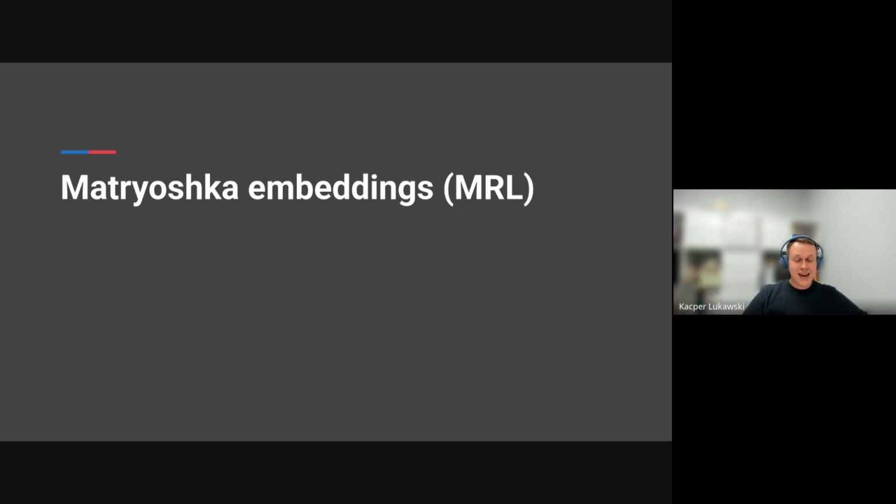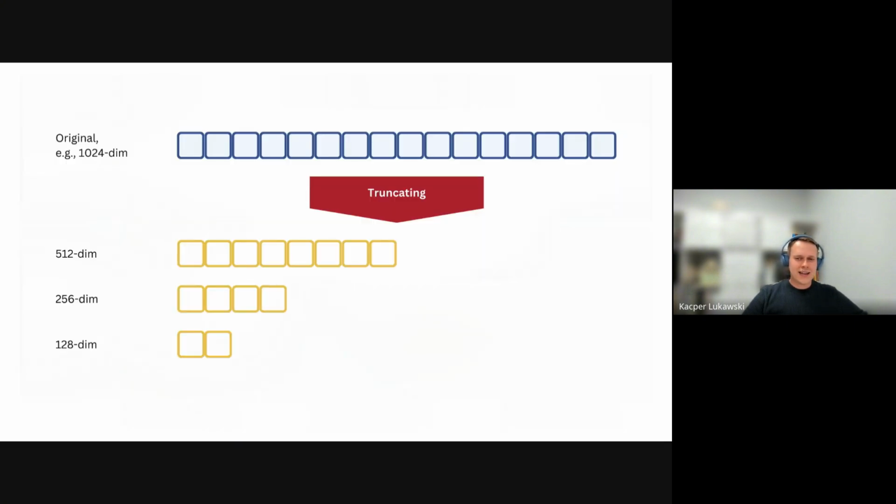We just need to calculate the distance based on all the dimensions, so this is pretty clear. The idea behind Matryoshka embeddings is to train the models in a way that the first dimensions of the vectors are way more important. They carry the most information, so we can possibly just truncate the original vectors, like 1,024 dimensional ones, and take like 1/8 of the whole vector.